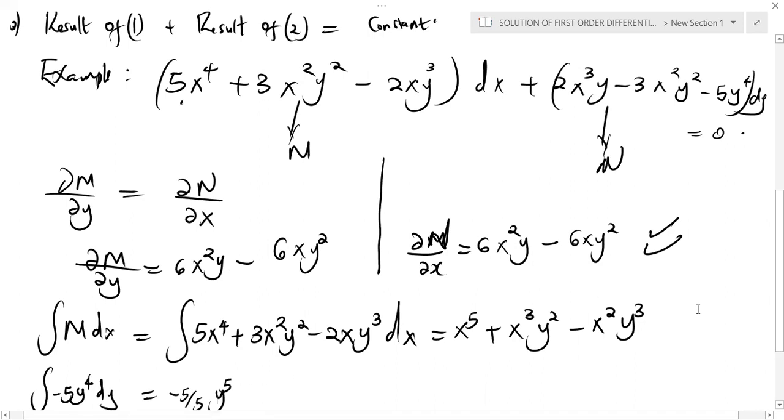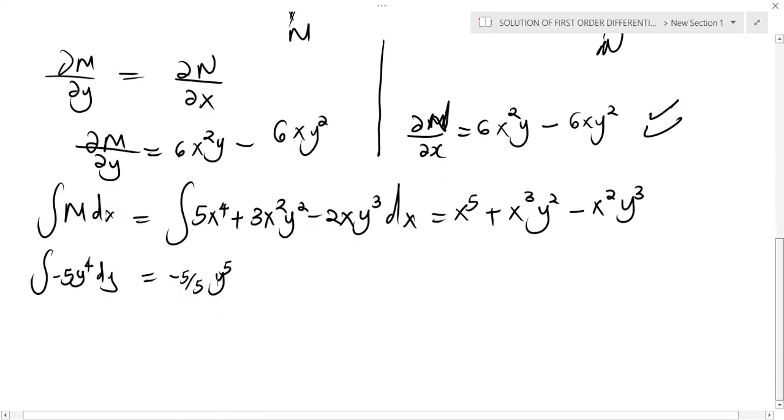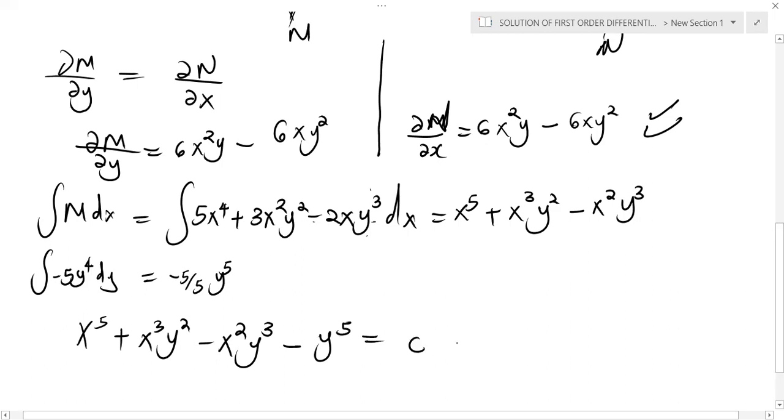So the answer is given by result 1 plus result 2 is equal to c, that is x^5 + x^3y^2 - x^2y^3 - y^5 is equal to c. And this right here is our answer.